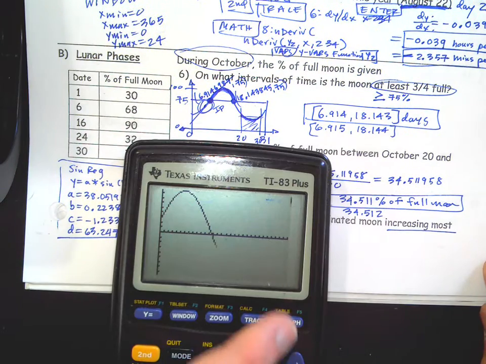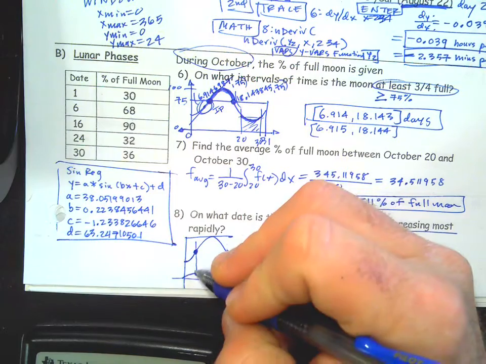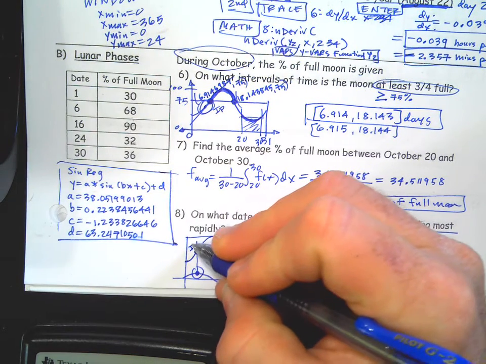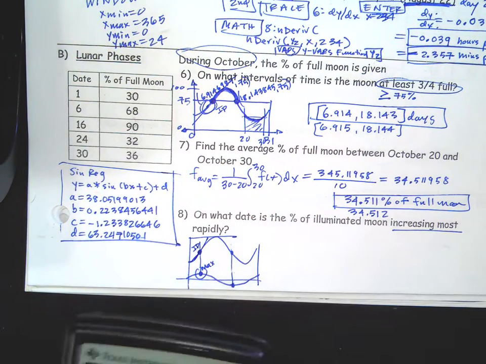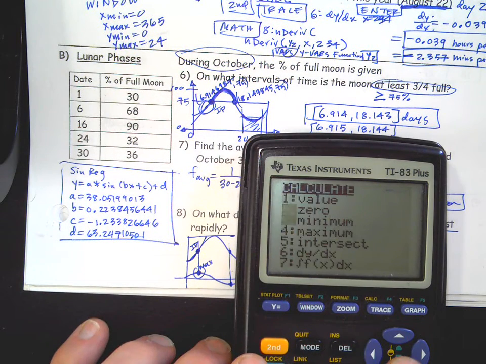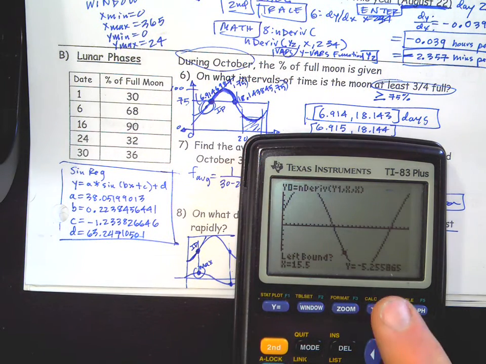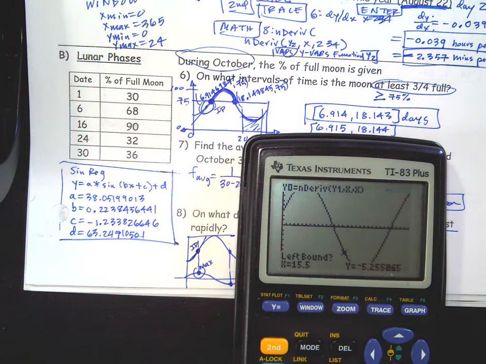And so that's just the derivative graph, zoomed in on it. And this is what we're interested in right now. This is the inflection point, the steepest derivative, and this is the max of it. So we're going to do second calculate maximum of this graph, and it looks like it's around day 6 or so. So I'm going to say, well, let's guess 3 to 9 and guess 6.